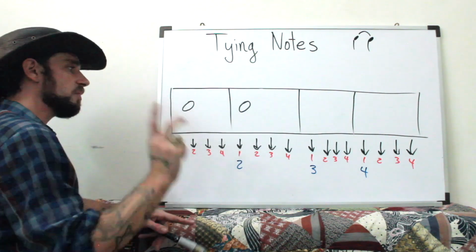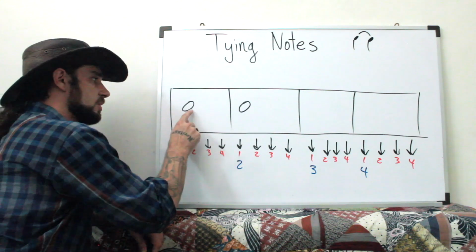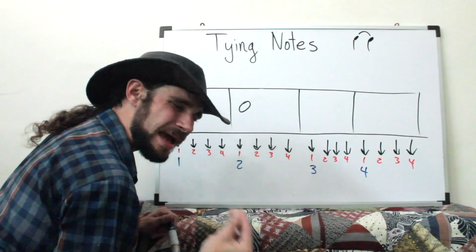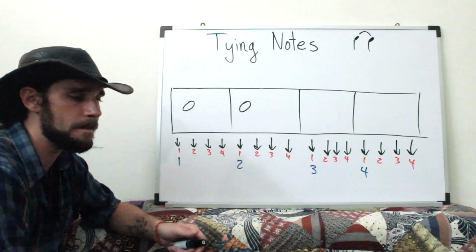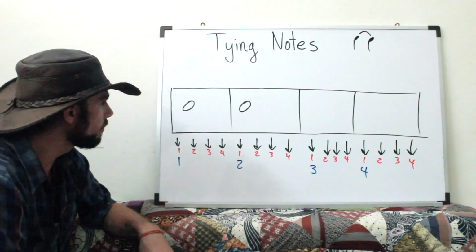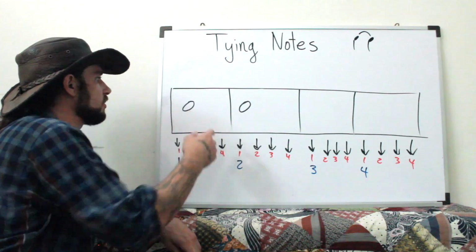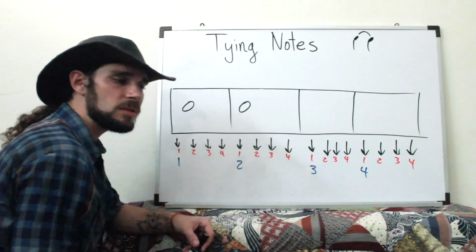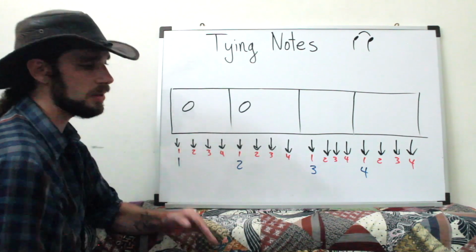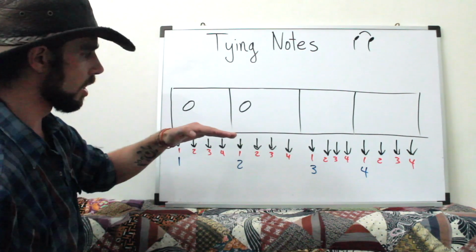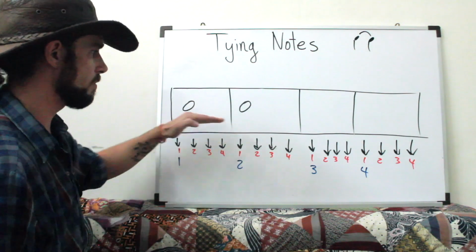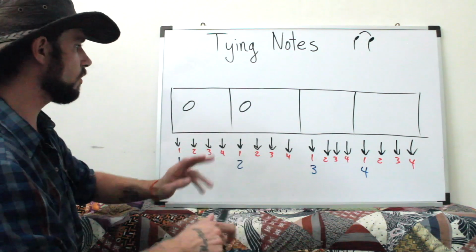Well, one thing to remember is that to tie 2 notes together, they must be the exact same note. I know we haven't talked about pitch yet, but let's just say that this note were C. This note would have to be the exact same note. It can't be, like, an octave higher C. No, you can't tie those together. It's got to be bum, bum. Exact same note.